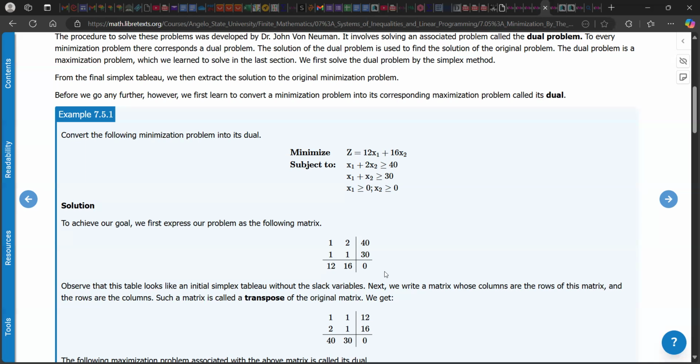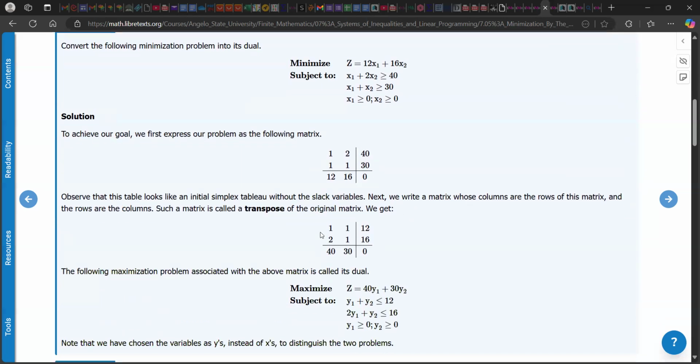Good. So notice they put the objective function at the bottom, right? They put 12, 16, and well, the initial value is 0. And then you put 1, 2, and 40 there, and then you put 1, 1, and 30 here. What we do now, we take this matrix and we find the transpose. Look here. You see that this is the transpose of this?